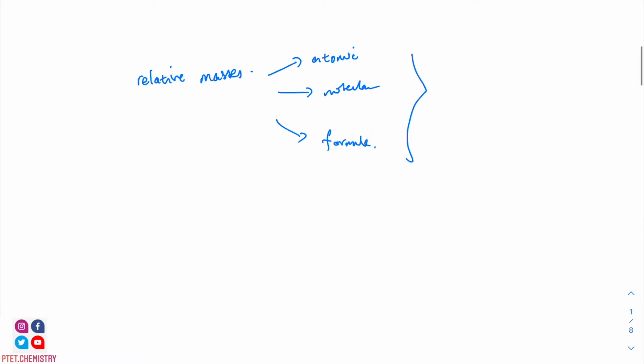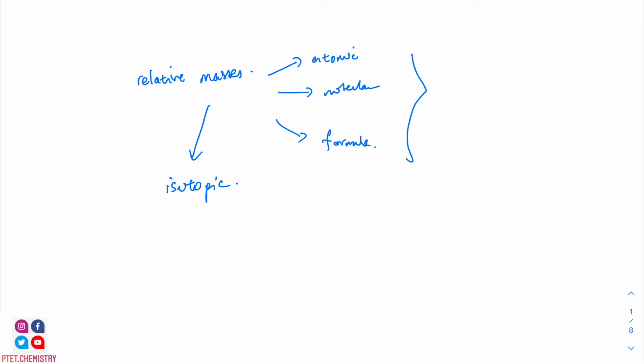When people deal with relative masses, you need to think about what is atomic, what is molecular, and what is formula mass. They all refer to a similar kind of thing, but it's different from relative isotopic mass.